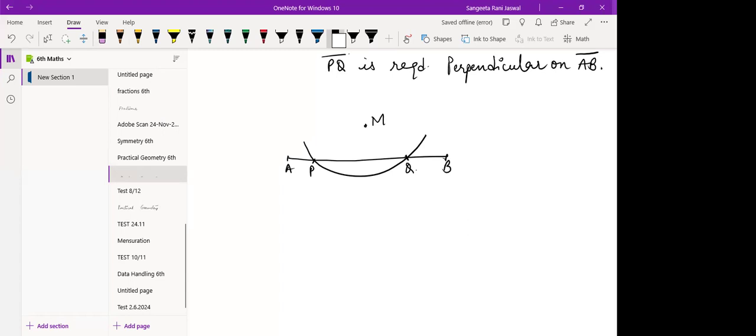Keep your compass pointer at P, Q and mark an arc. Keep the pointer at Q and mark an arc above and below the line. Or you can just mark it below the line because above you have this point.